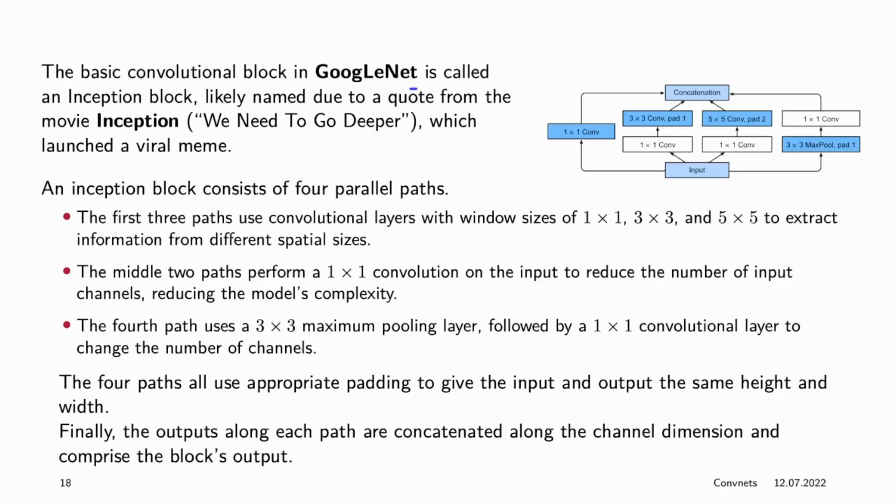The resulting network is called GoogLeNet, and it employs the so-called inception block, which is likely named after the quote, "We need to go deeper" from the movie Inception.